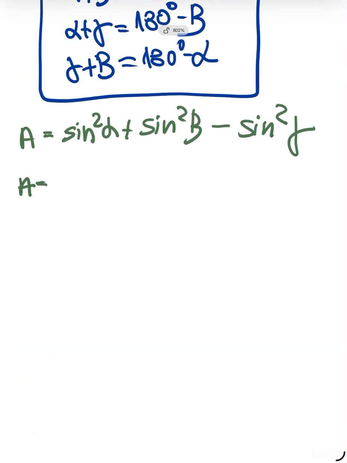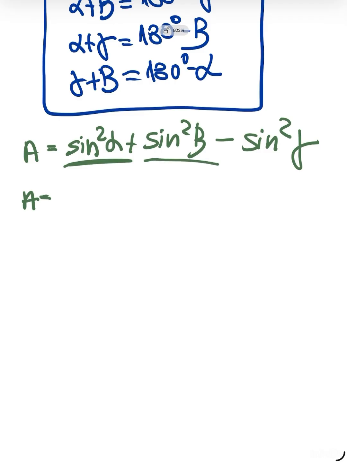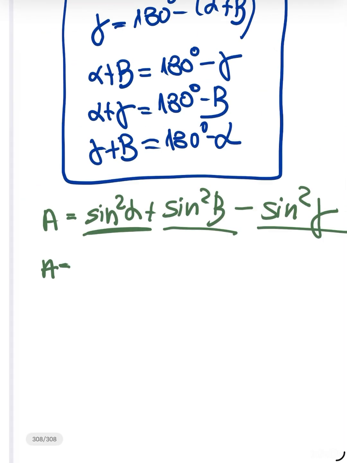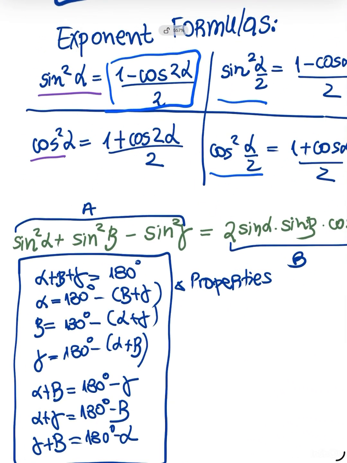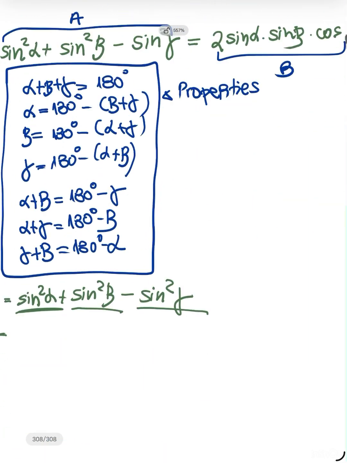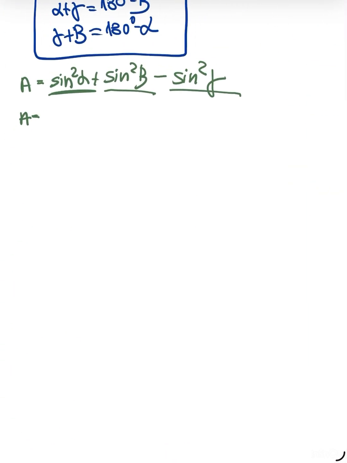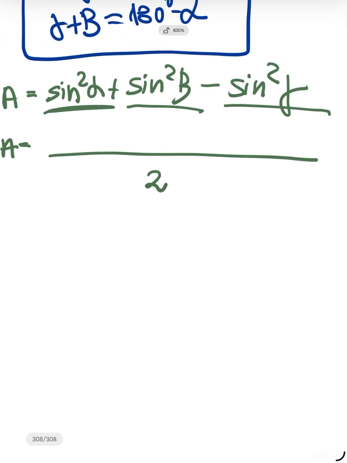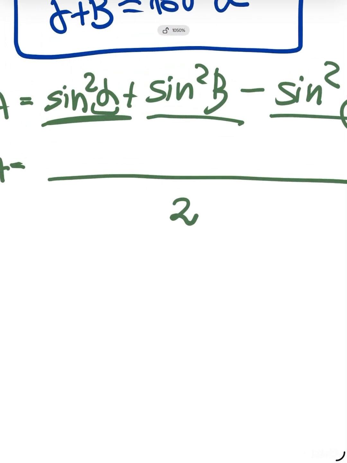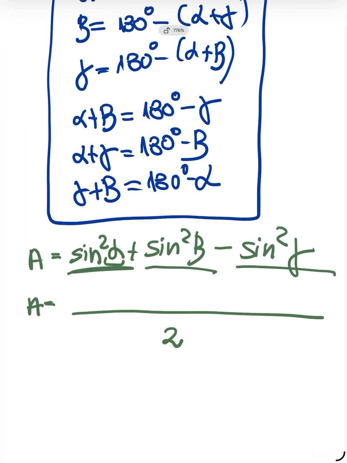Now we have sine squared alpha, sine squared beta, and sine squared gamma. You know that all of the formulas for exponents are with a denominator 2. So what we'll do is put everything under a common denominator of 2, because we only have full angles, not half angles, which would give a denominator of 4 or even greater. So we have 2. Now we look at the first, sine squared alpha.